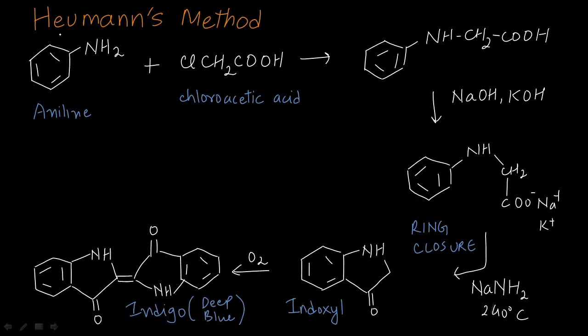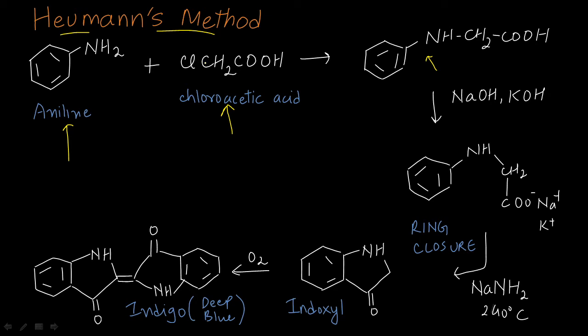Now we discuss the Heumann method, right? So the starting material is known as synthetic indigo. We have aniline, chloroacetic acid, right? So you start with this, and we have an intermediate, NHCH2COOH, one H from there and one Cl, that is the point of attachment.